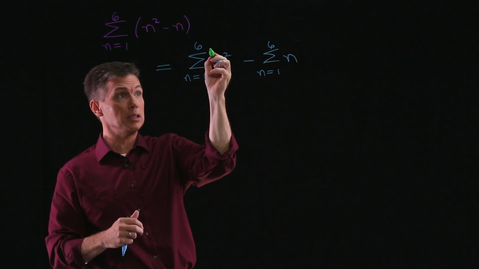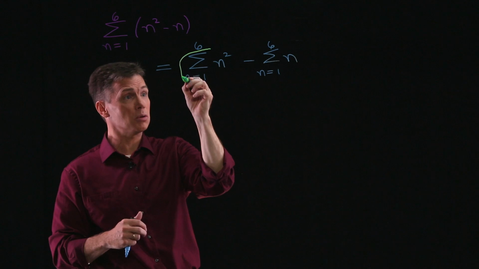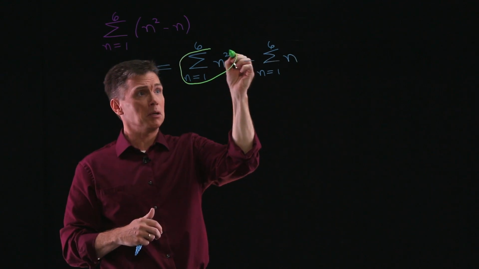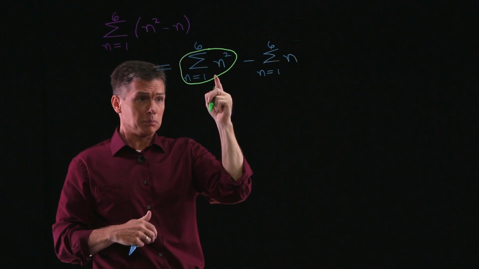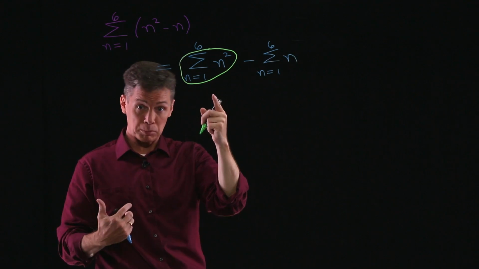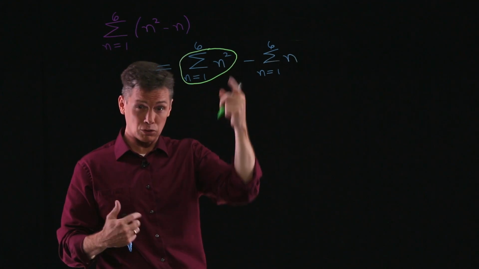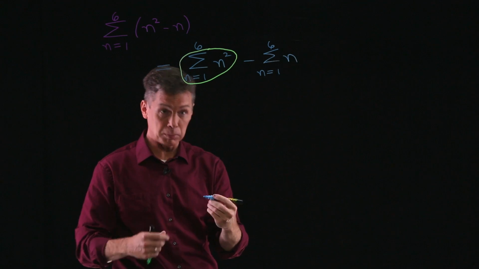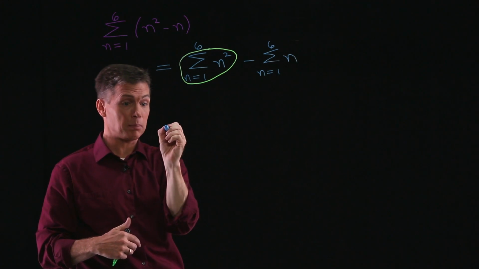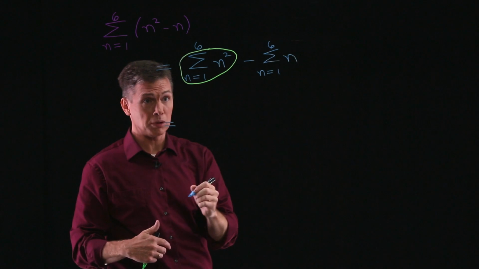So this part here, I'm intentionally going to ignore the 6 for a second. I'm going to put it on the back burner, if you will. But this part here is the formula that you should know. You should know what n squared, when you add it up, ends up equaling. So let me go down into my next step and try to implement that formula.